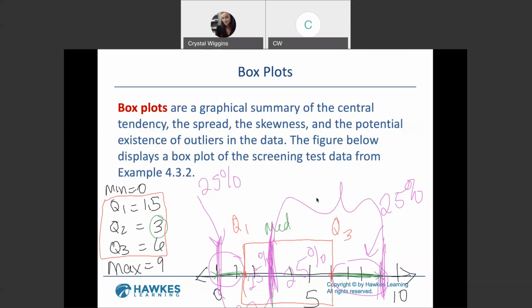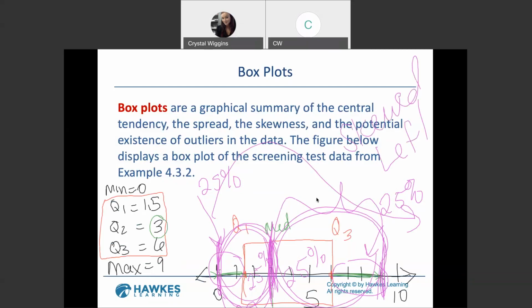What that tells me is that 50% of the data values are clumped really close together on the bottom half, while the top 50% are a bit more spread out. So if I was talking about the shape of the distribution of this data, it would be skewed left. A little bit messy, but hopefully it helps. Okay, so we are skewed left.